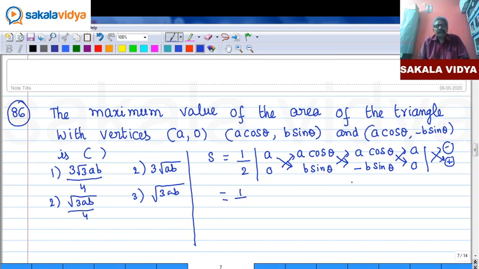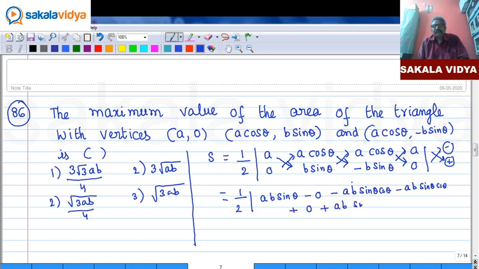So determinant of ab sin theta minus 0 minus ab sin theta cos theta, this will be minus ab sin theta cos theta, plus 0 plus ab sin theta.